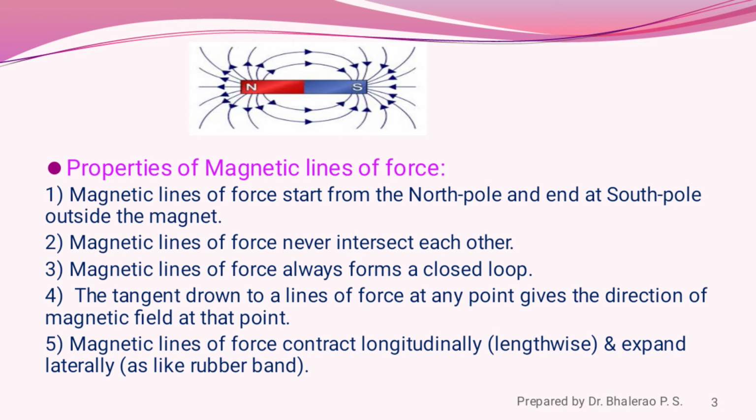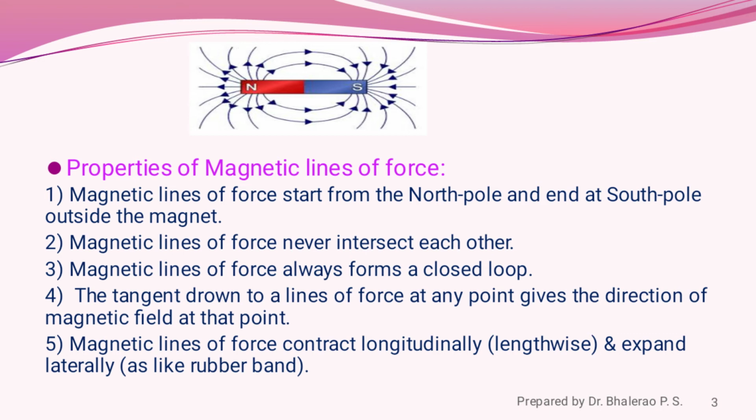The first property: the magnetic lines of force start from the north pole and end at the south pole outside the magnet. Number two: magnetic lines of force never intersect each other. The lines of force do not interfere with each other. And third, magnetic lines of force always form a closed loop.